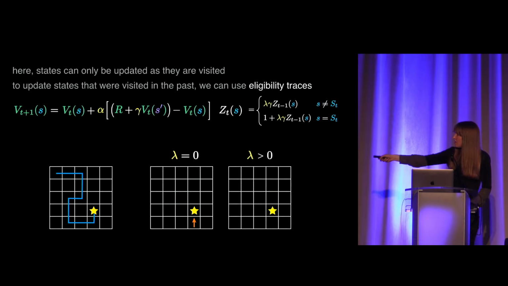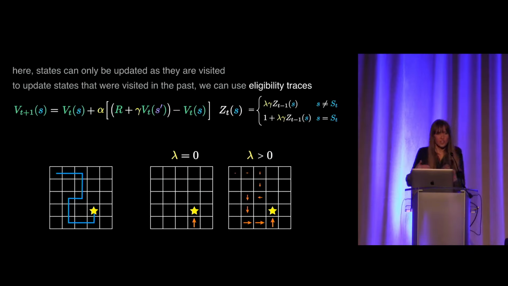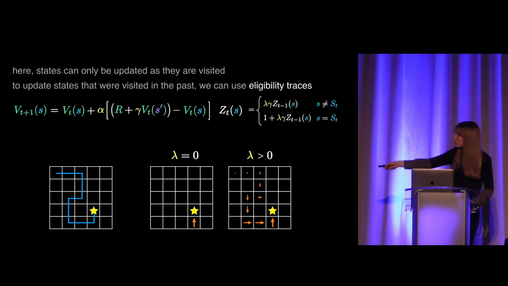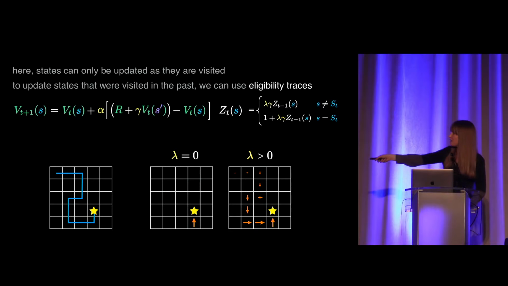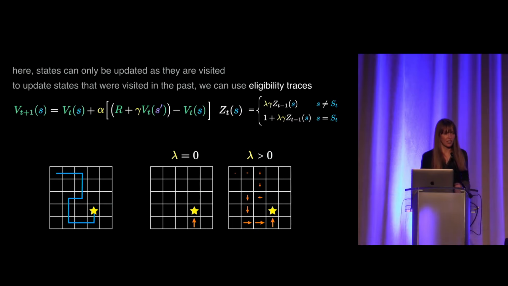Alternatively, if we make this trace decay parameter greater than 0, then we update states in proportion to how far into the past we visited them. So more recent states are updated more strongly than states further in the past. In this way, we can incorporate information about the specific path that we might have taken to get a reward, and we can think about how experiences in the past might impact the rewards that we're getting right now in the present.